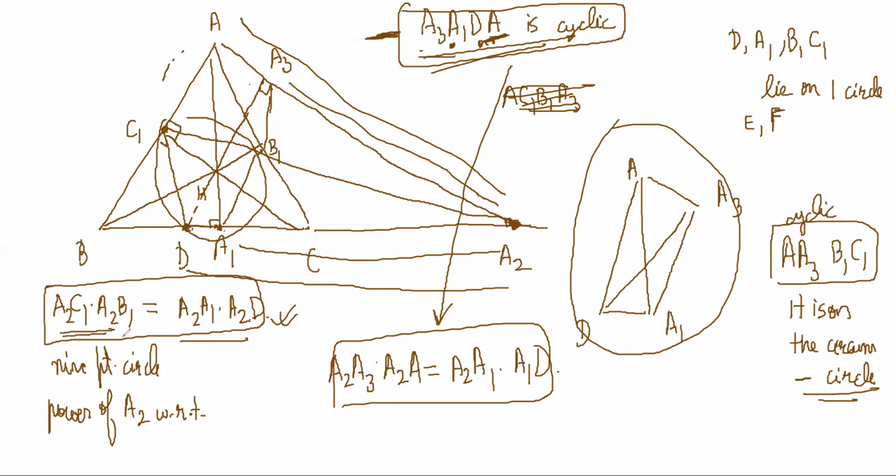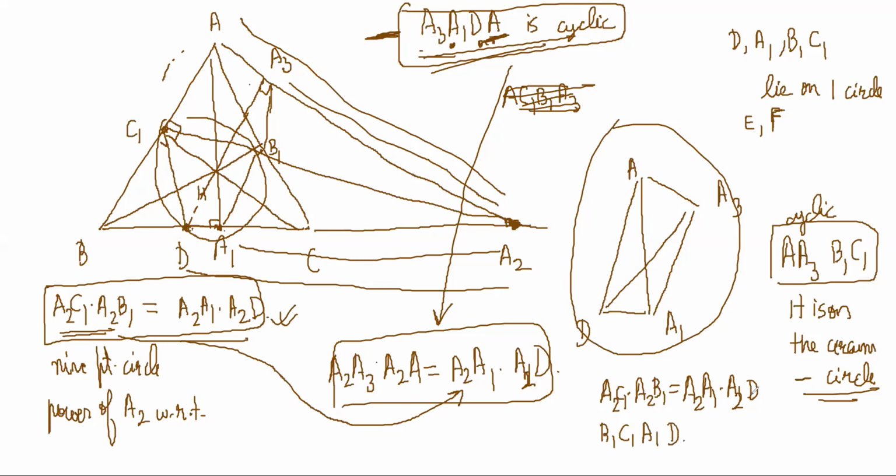We get A2C1 into A2B1 is equal to A2A1 into A2D. That means B1, C1, A1, D are concyclic, but that is not a useful thing, we already knew that.